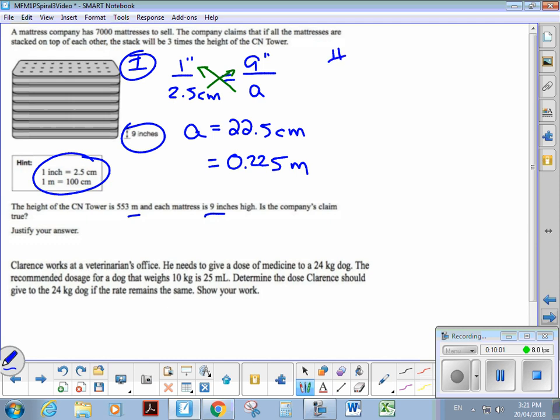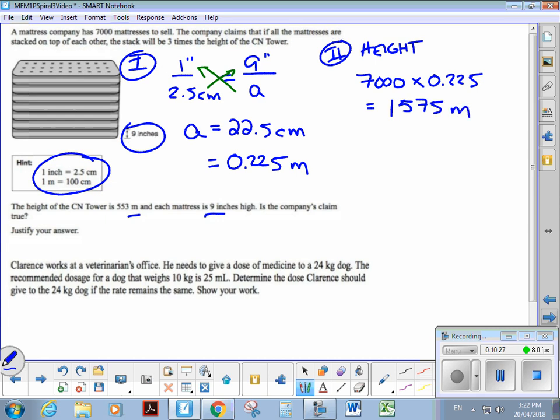Part two, the height. Well, we have, what do we have? We have 7,000 mattresses, and each one is 0.225. So if we stack them all up, 7,000 times 0.225, we get 1,575 meters.